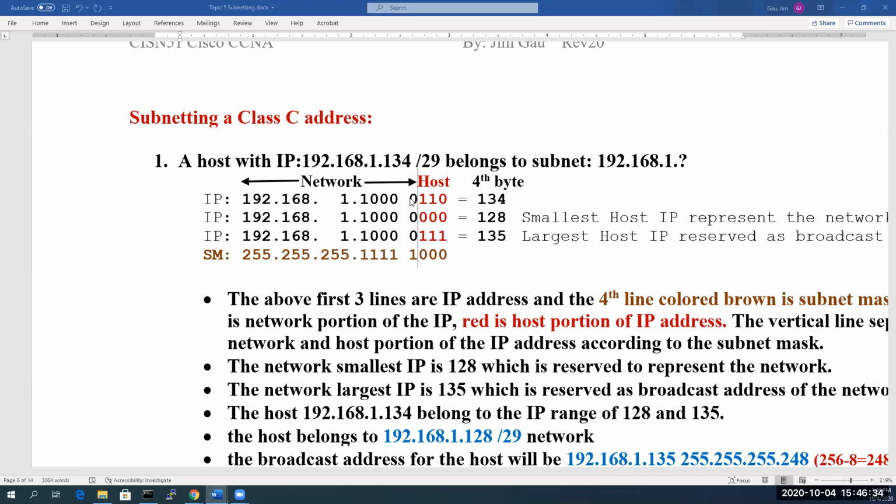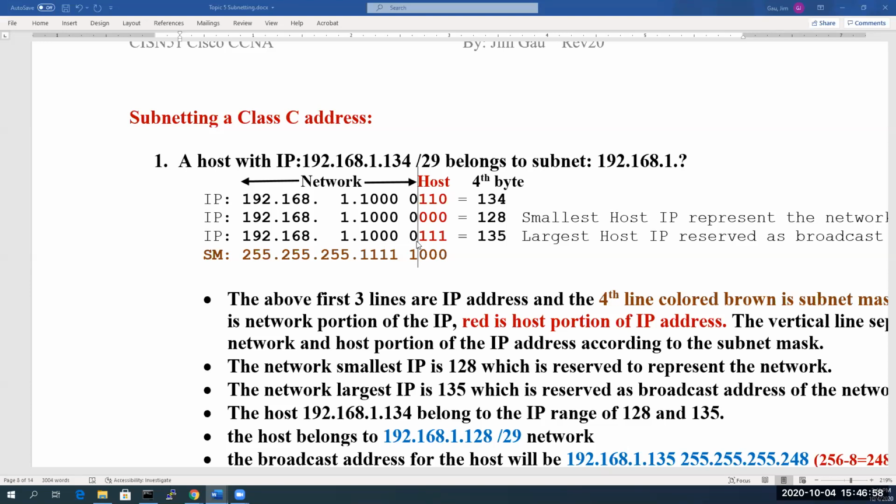And let me ask you, for this network, 192.168.1.10000, what's the smallest number? The smallest number is to put down 0s here. You look at this 1 with 7 zeros in your handout, it equals 128. And what's the biggest one for this network of 10000?